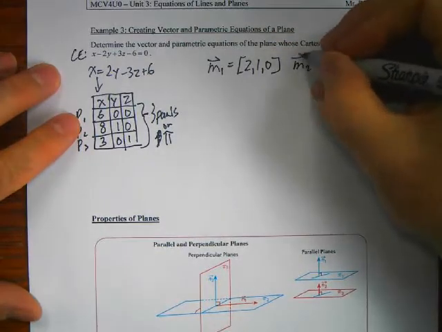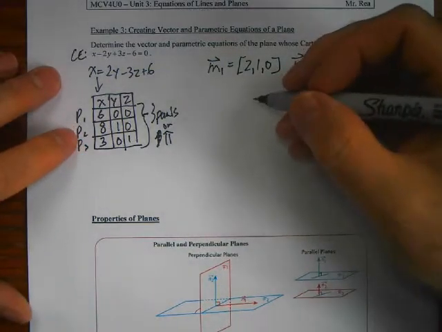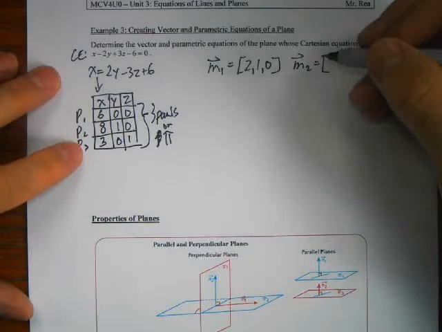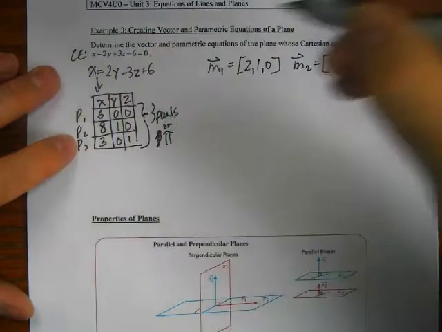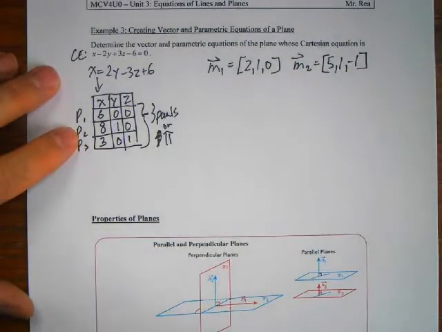And for my second direction vector, maybe I'll go between P2 and P3. If I subtract P3 from P2, I'm going to get 5, 1, negative 1. So there's two direction vectors.